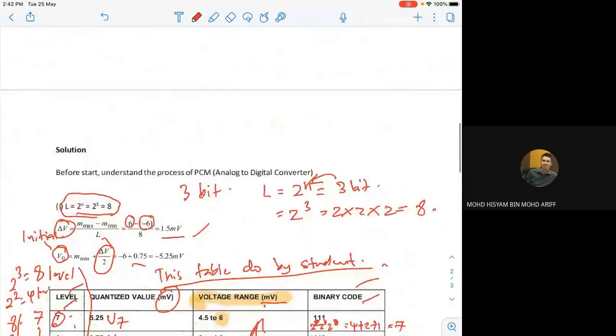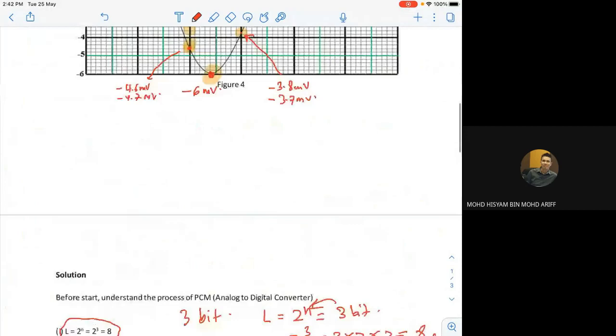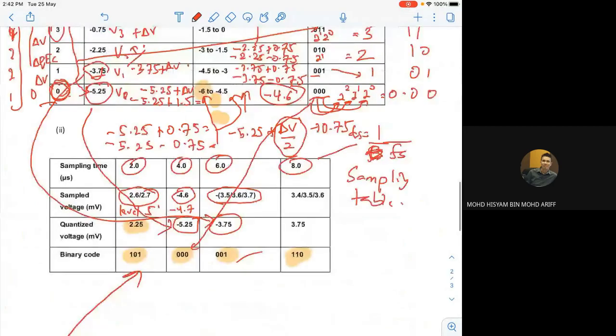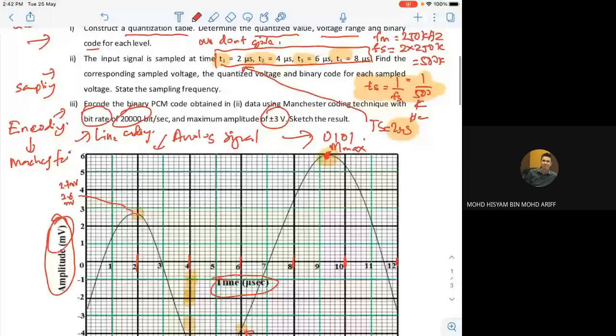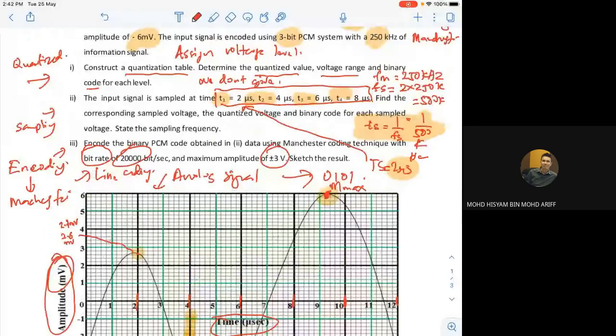In the question we give you 20,000 bits per second. BPS is the same. The maximum amplitude is plus minus, because in Manchester encoding we have positive and negative.